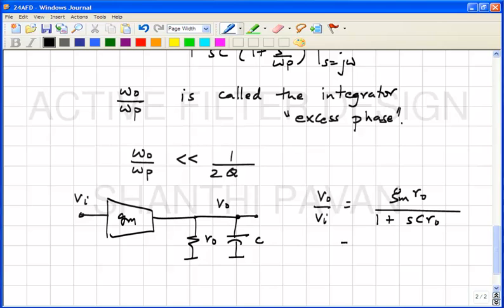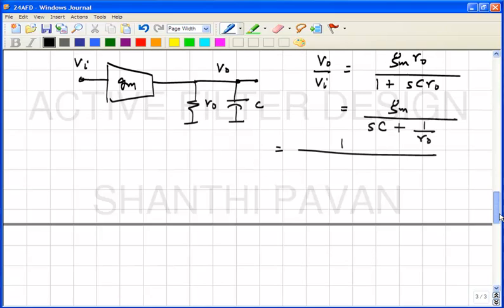Ideally it should have been GM divided by SC, which is equivalent to 1 by SC by GM plus 1 by GM RO.